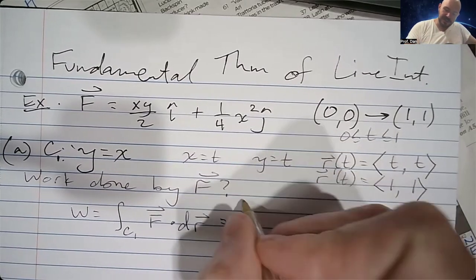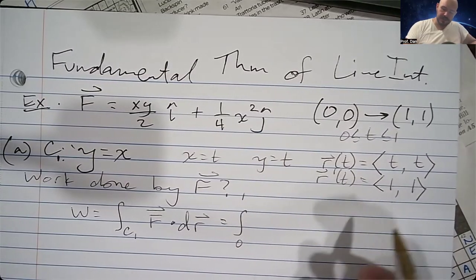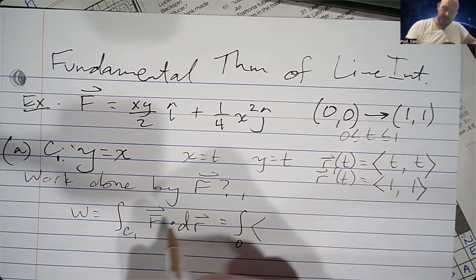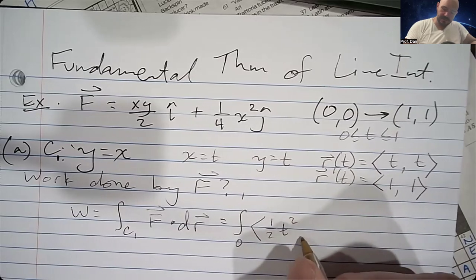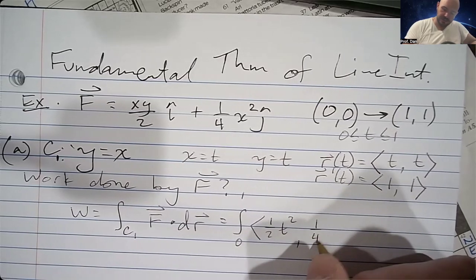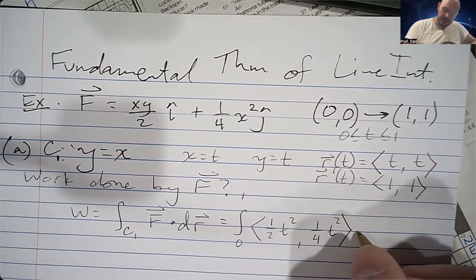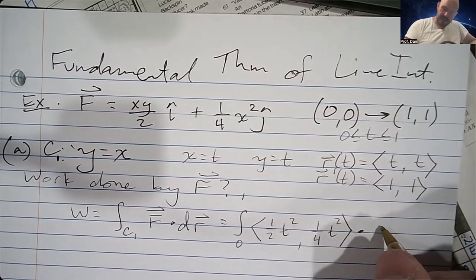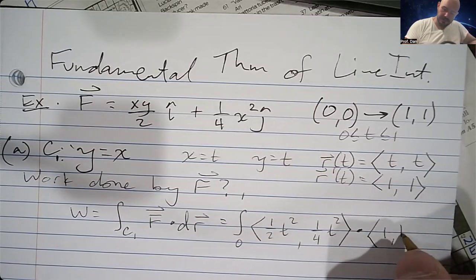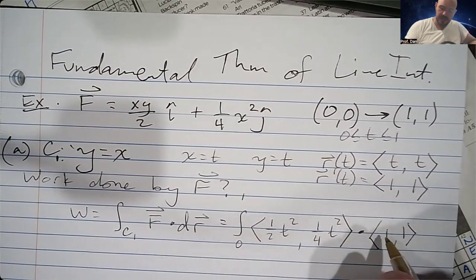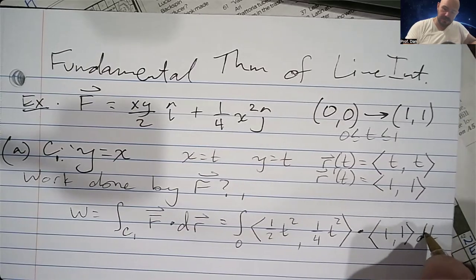So the bounds for my integral will be 0 to 1. Force field written in terms of t will be 1/2 t squared, 1/4 t squared, dot, and then r prime of t is 1, 1, so dr would be 1, 1 dt.